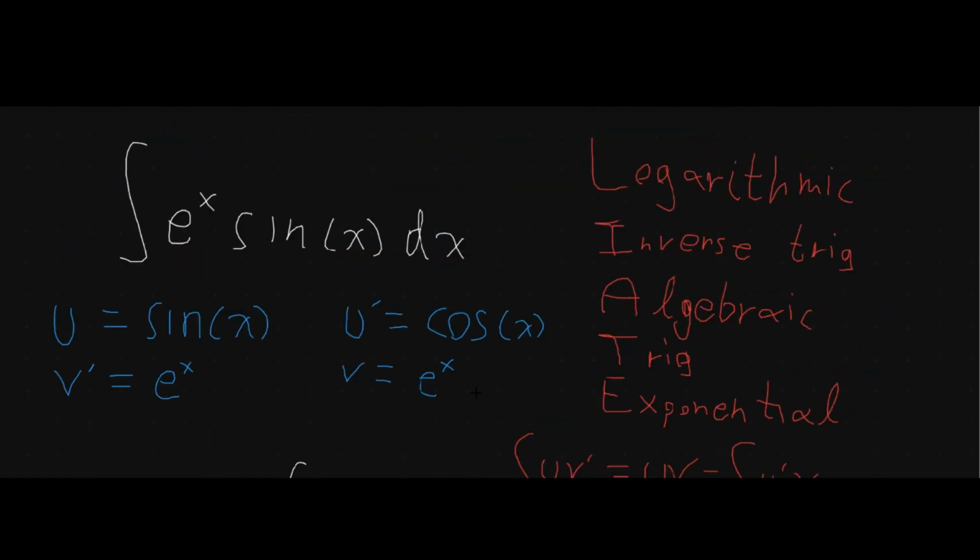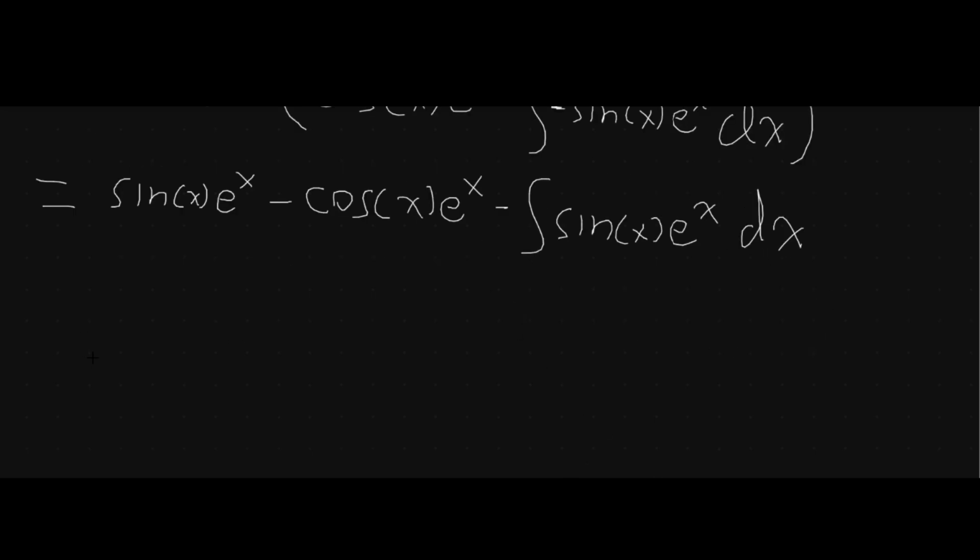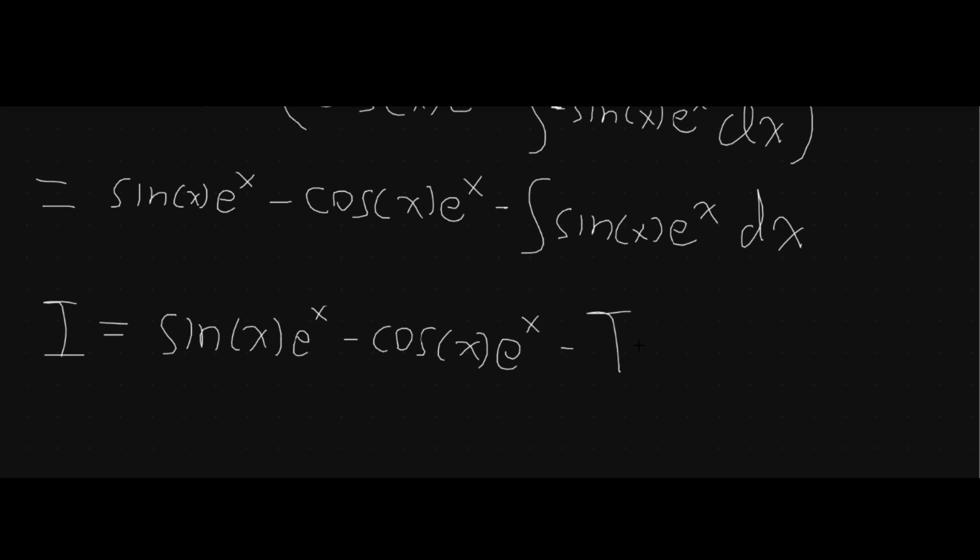And if we go back at the top and we see our integral over here, we can set it equal to I, for example, and we can replace this whole expression over here with I. So we can say that I is equal to sine of x e to the x, just rewriting what we have above, minus cosine of x e to the x minus I, and we need to add the constant of integration because we removed the integral.